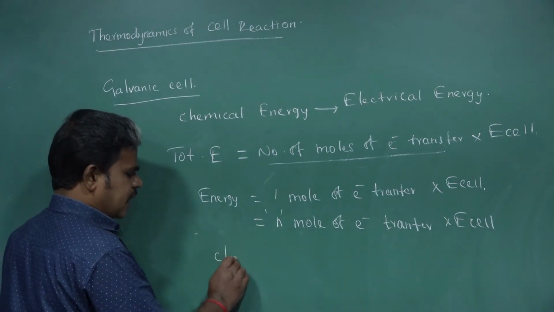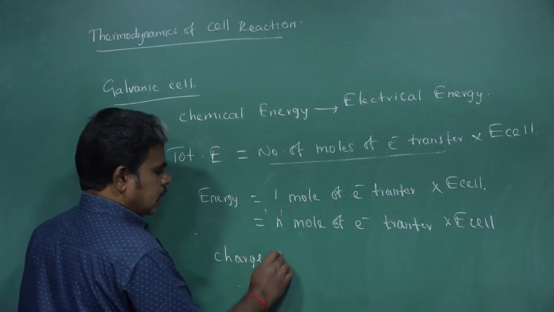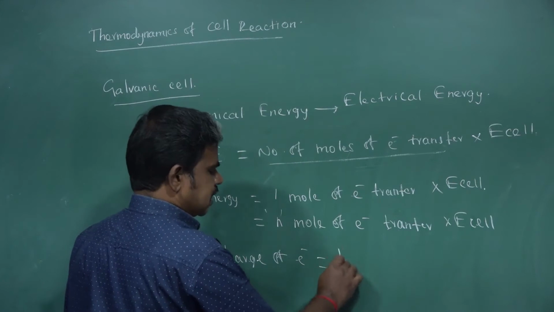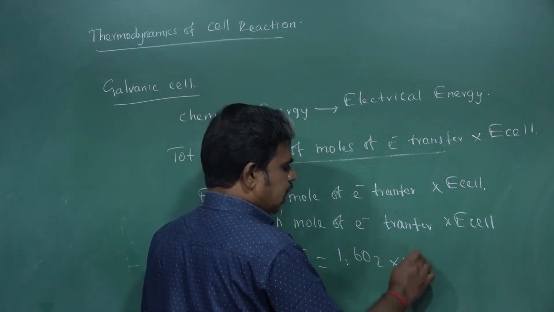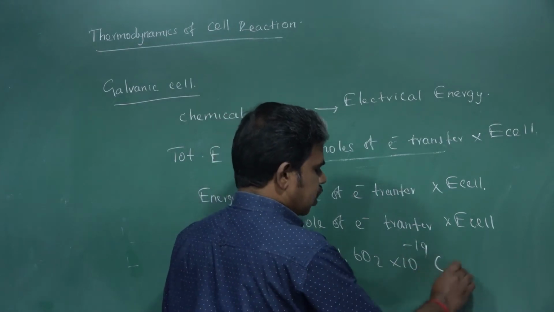Now, the charge of an electron is 1.602 into 10 power minus 19 coulomb.